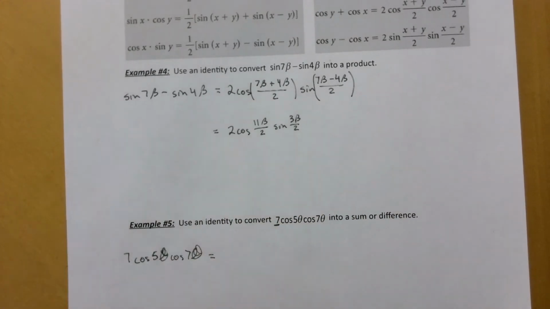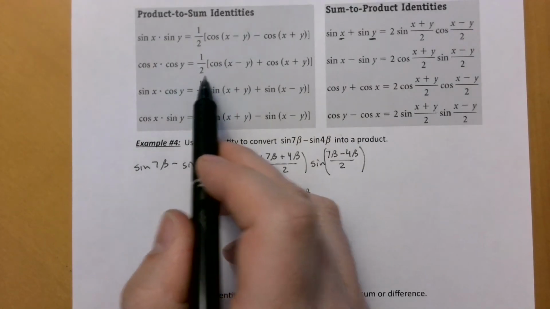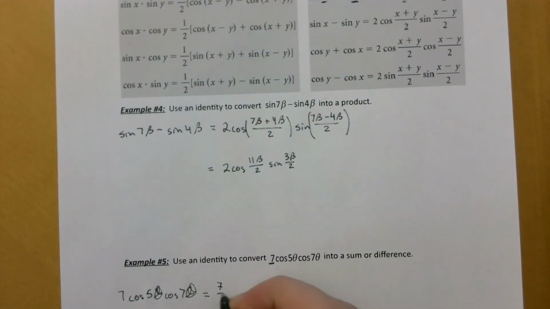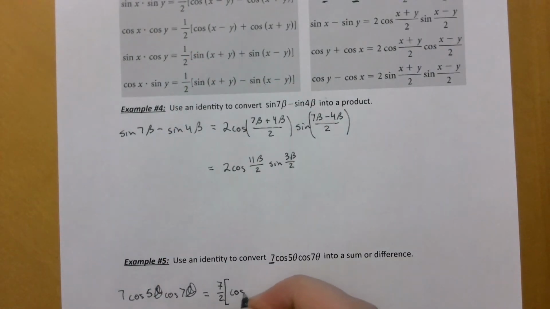Okay, so my identity says rewrite this as 1/2 times this whole mess. Because there's this 7 there, we can just write this as 7/2 times this mess of stuff. So it's cosine of the difference of the angles, with the first angle coming first, the second angle coming second.